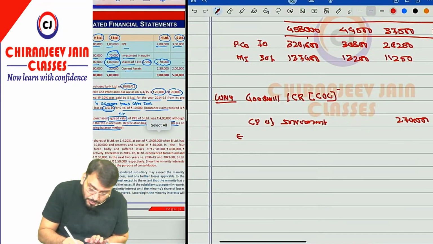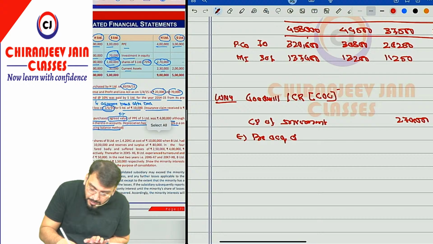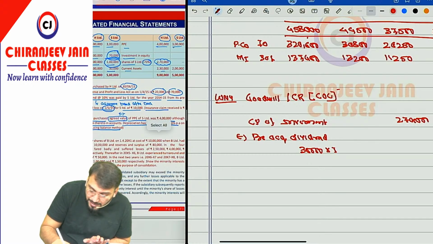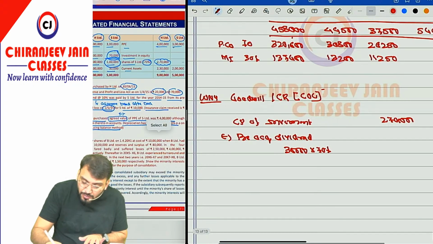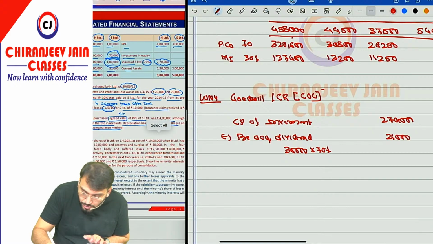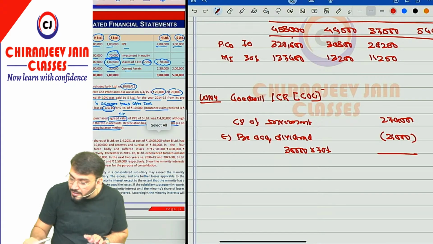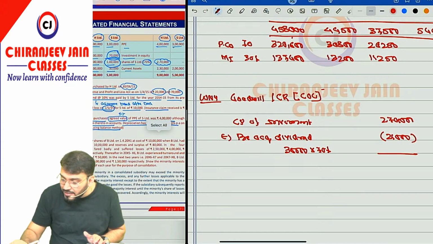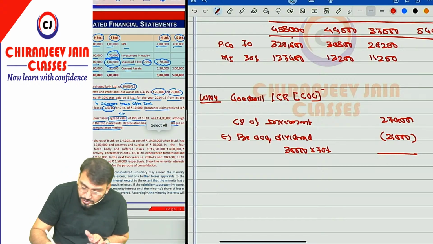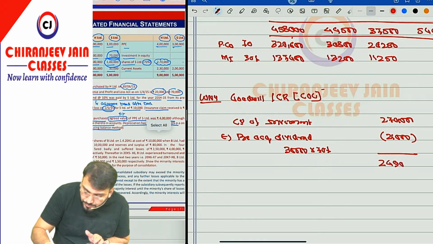So you will do minus what? Pre-acquisition dividend received. So again that will be 30,000 into 70%. That is 21,000, minus it. So 2,70,000 minus 21,000 is 2,49,000.